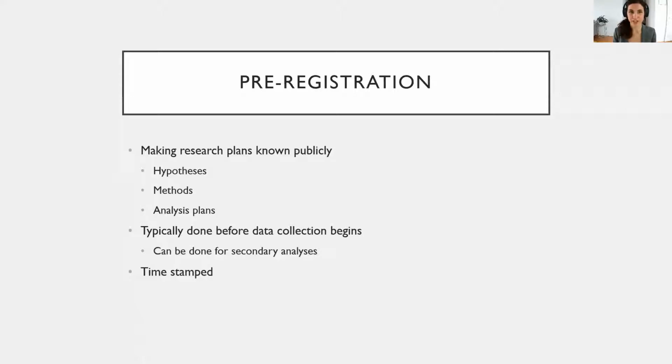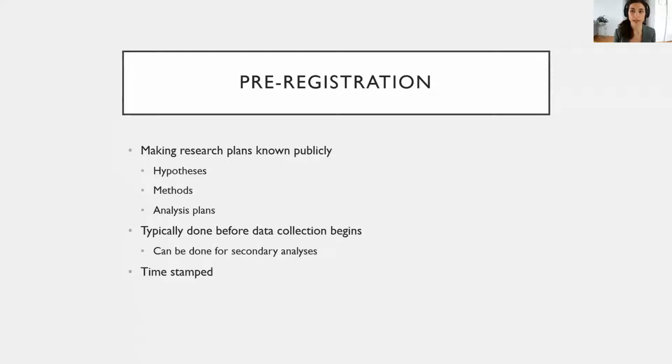Pre-registration is one of the most well-known types of open science publications. The idea behind pre-registration is to make your research plans known publicly before you even start doing your research. It's kind of like the research proposals that you all are doing for class.